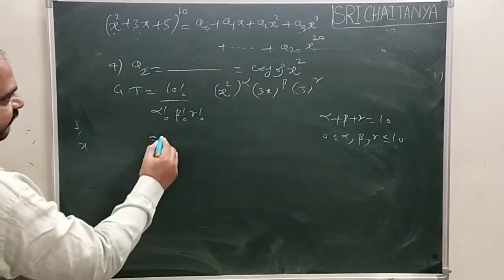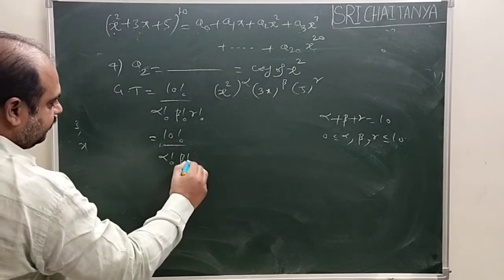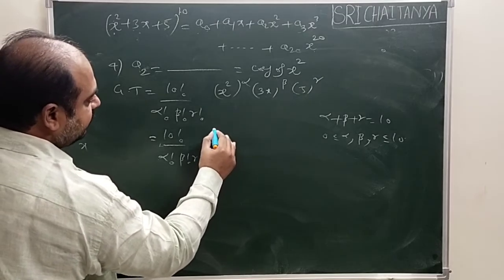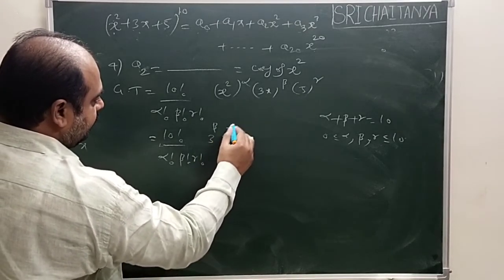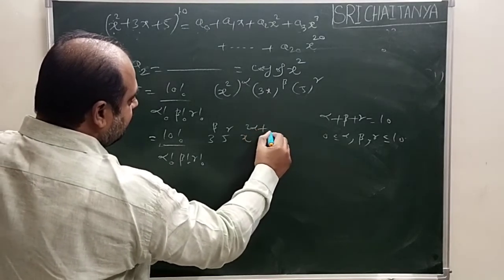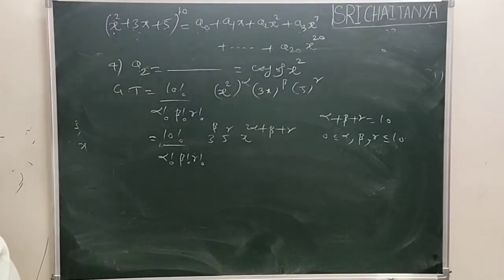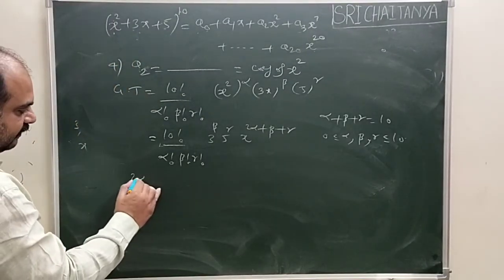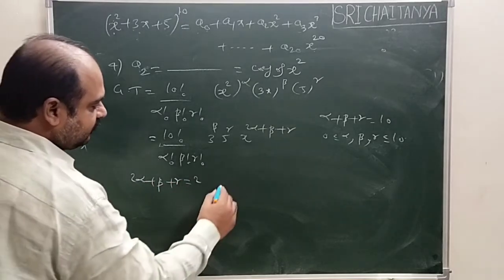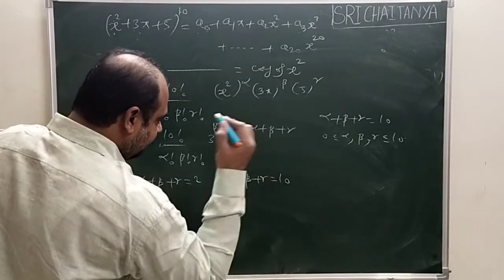So the general term is 10 factorial divided by alpha factorial, beta factorial, gamma factorial, times 3 to the power beta into 5 to the power gamma, x to the power 2 alpha plus beta. For the coefficient of x square, 2 alpha plus beta equals 2 and alpha plus beta plus gamma equals 10.